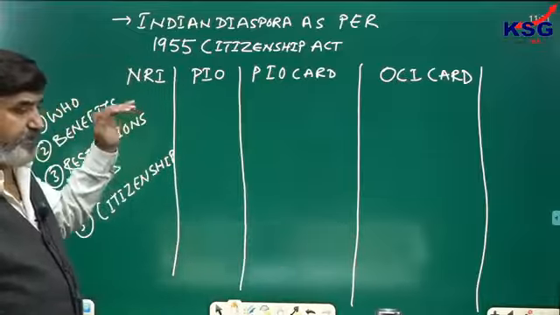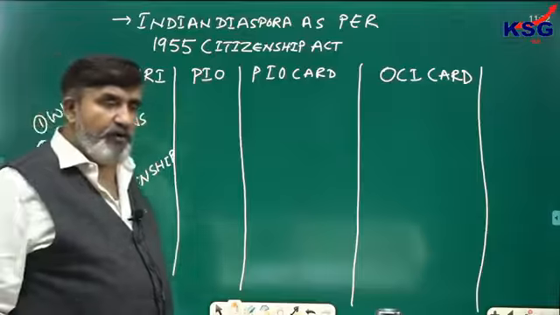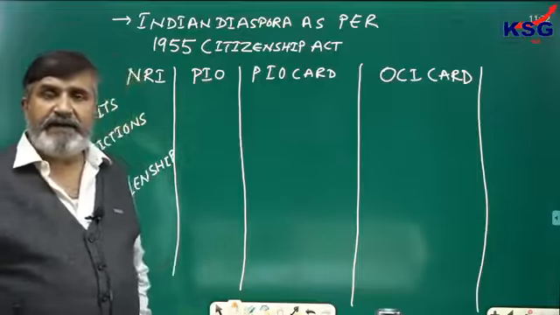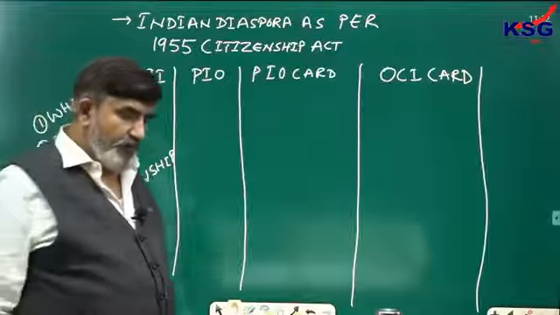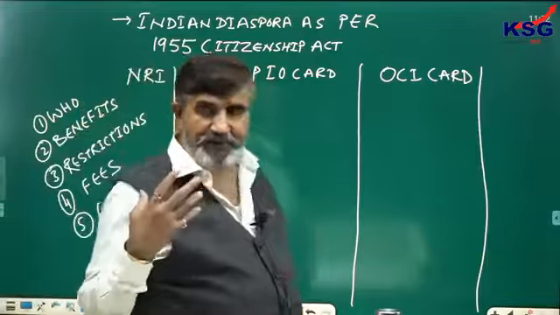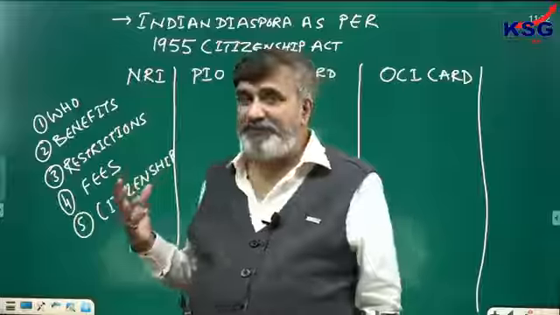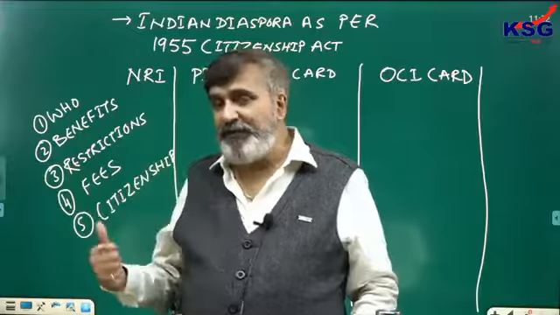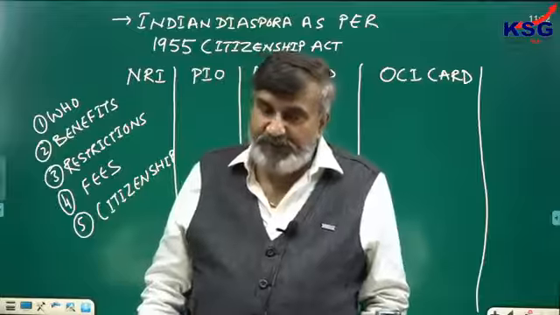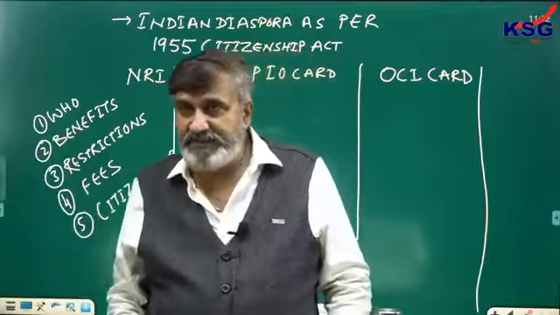Now, PIO, person of Indian origin. So from the name itself, it is pretty much clear. Person of Indian origin. So currently, what is the status of that person?